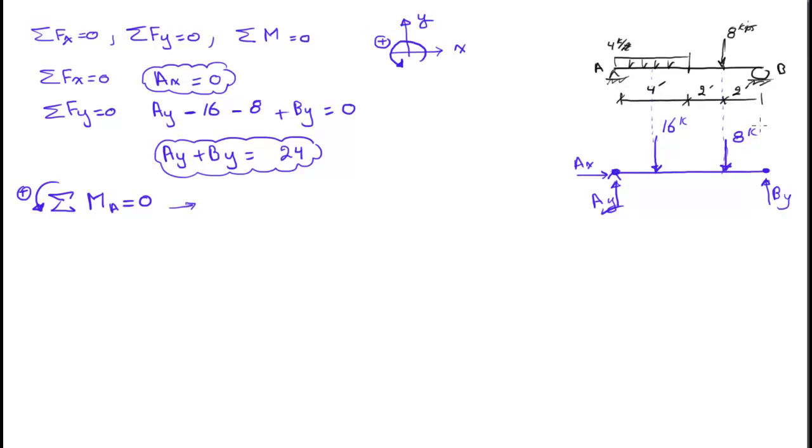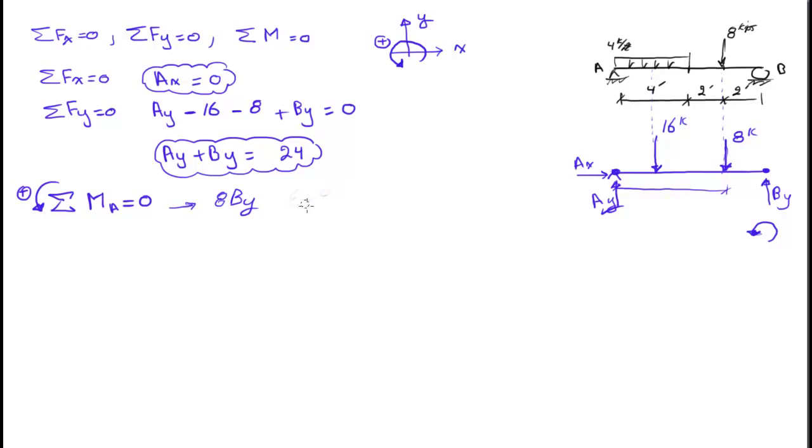So By multiplied by 8, so it's going to be 8 By. Let's just double check on the direction. So By is rotating this way, so it's positive. Now the 8 is multiplied by that distance, which is 2 plus 4, that's 6. So it's 6 multiplied by 8, or should I write it the other way around so it's going to be clearer for you guys?